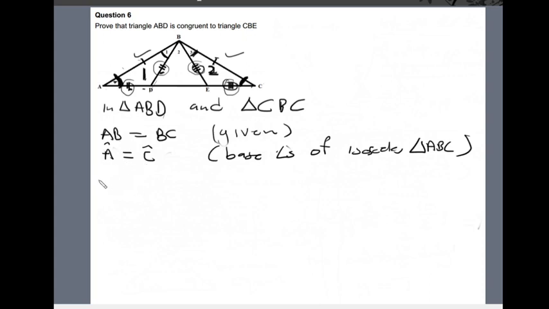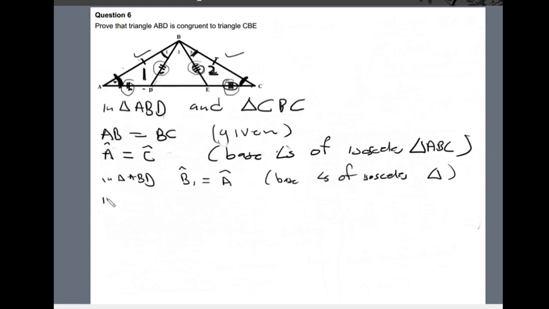So I'll say in triangle ABD, angle B1 is equal to angle A, right? So angle B1 is equal to A. The reason is, these are the base angles of isosceles triangle ABD, or angles opposite equal sides, right?